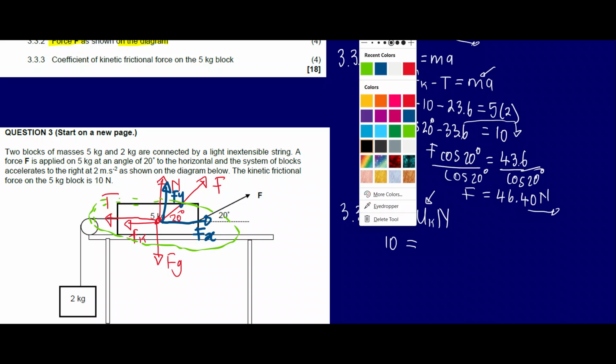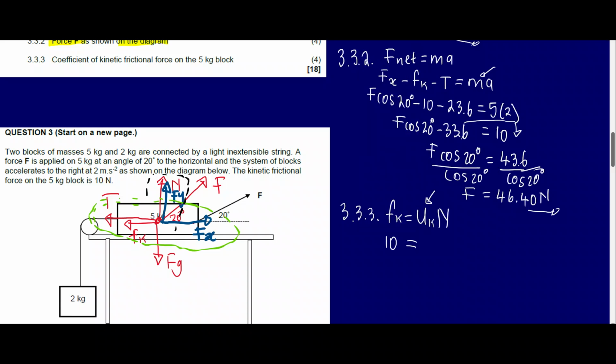But we can also make use of the vertical forces. We know that the vertical forces in this case, since the object is not moving either up or down, but lying on the surface as it moves to the right, means that the forces are balanced.